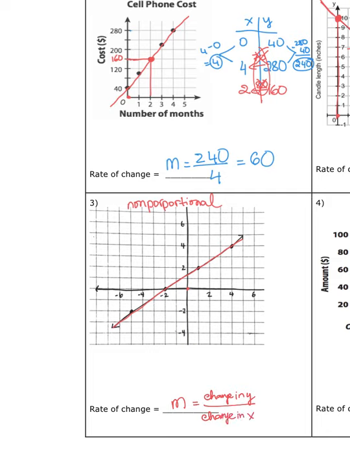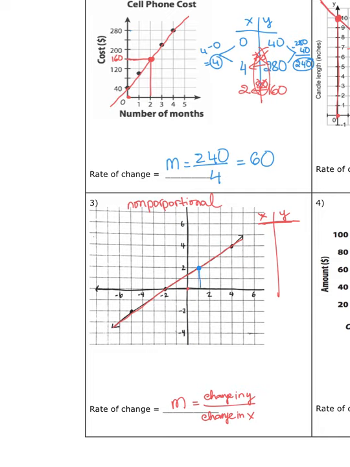Okay, now I'm going to make a table. They give you 4 points, but do I really need 4 to find the change in y and change in x? We just need 2. I picked this point right here.